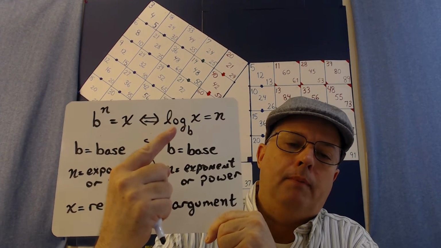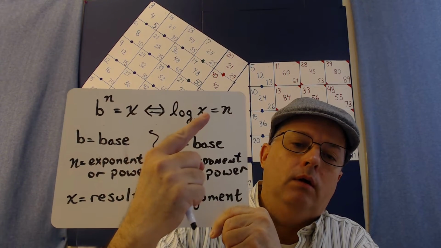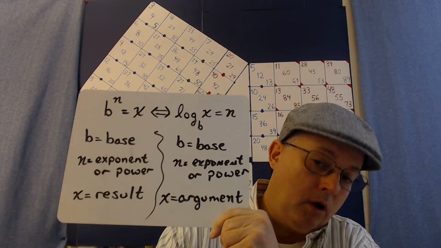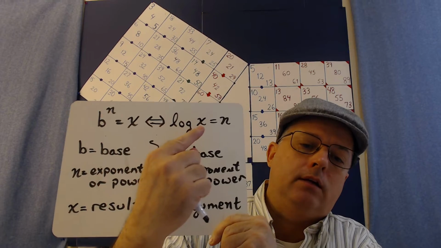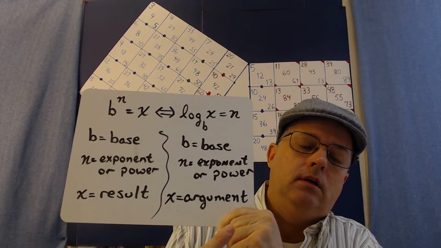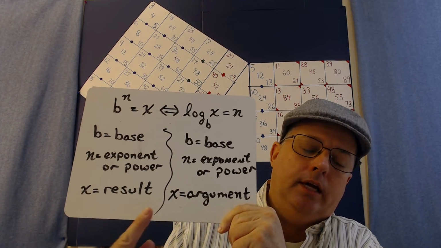What are we talking about? We are talking about the log of x. What are we arguing about? We are arguing about the log of x. And so x is our discussion item. It's our argument.